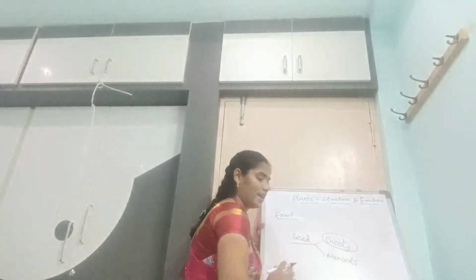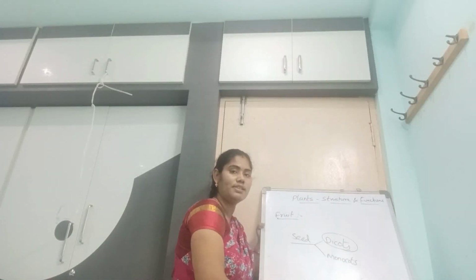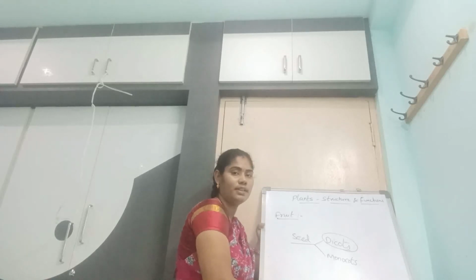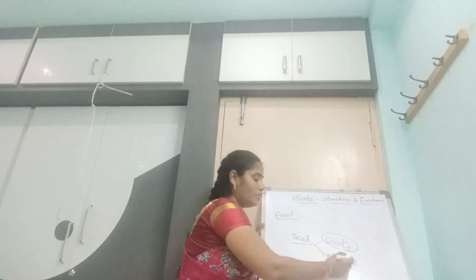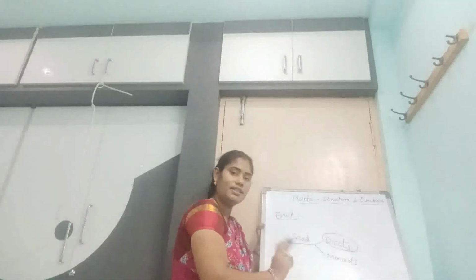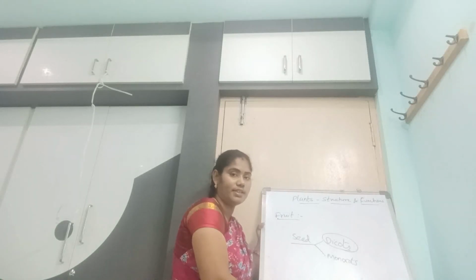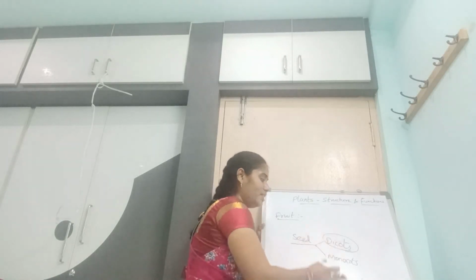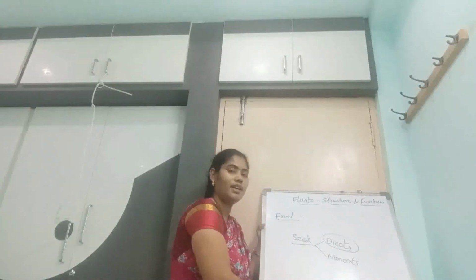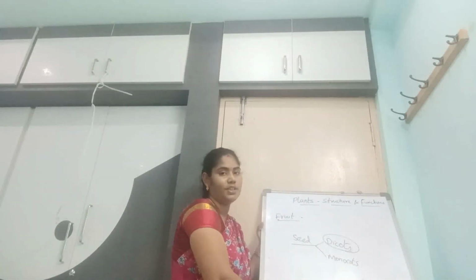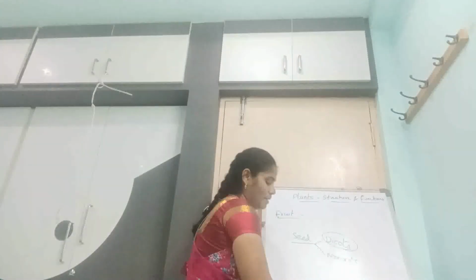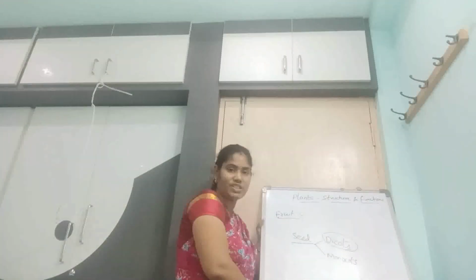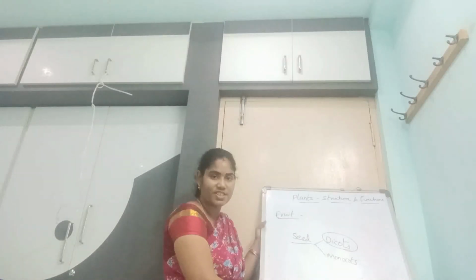The dicots have two cotyledons inside the seed, and the monocots have a single cotyledon in it. So based on this, we divide the plants into dicots and monocots. Okay, this is all about the plants, structure and functions.